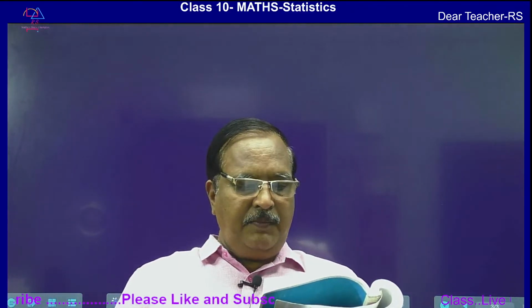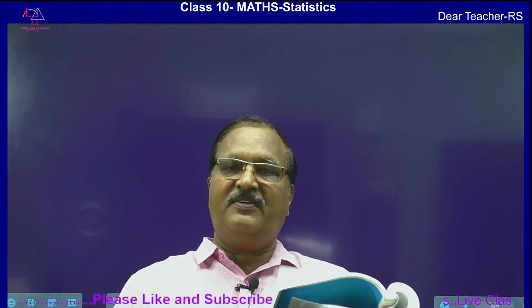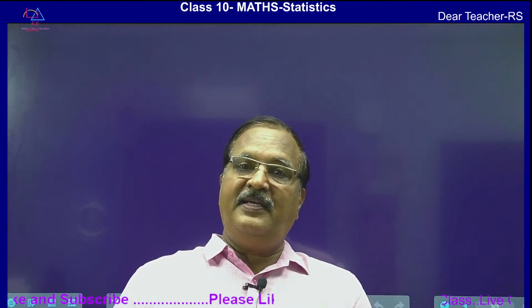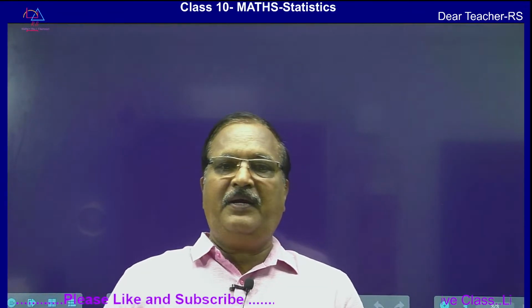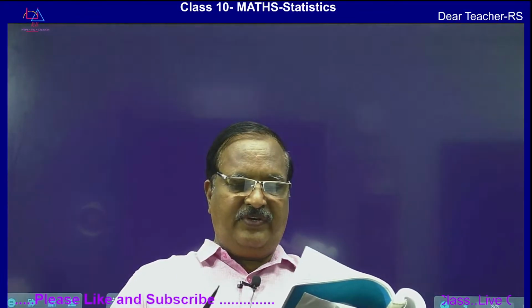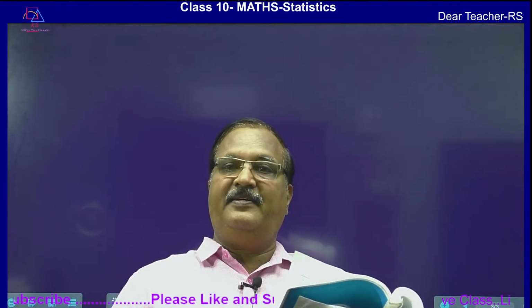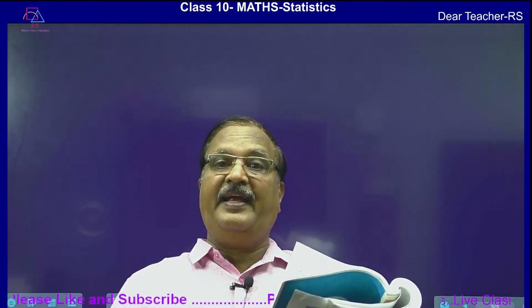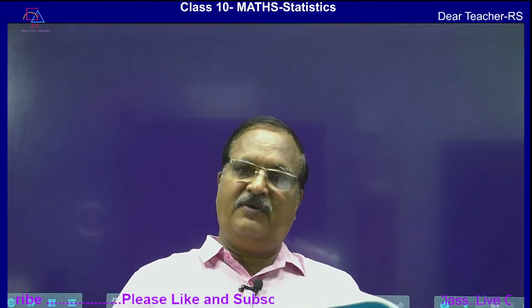The mean pocket allowance is 18. Mean is given. Find the missing frequency. So here he has already given mean, but we have to find out one frequency. Number of children 21 to 23 is missing. Sorry, 19 to 21 is missing. That we have to find out.